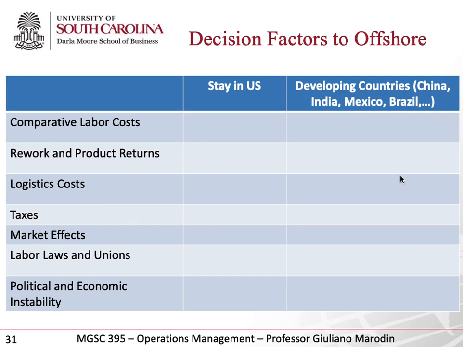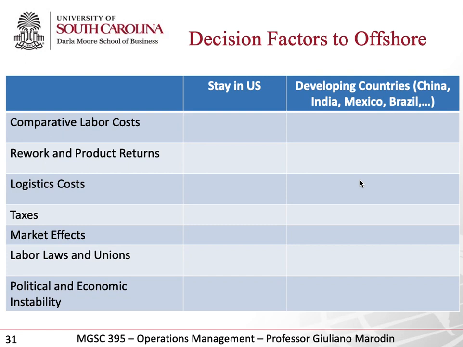If I put my manufacturing plant or buy from someone offshore, and these countries are not close to the United States, well, Mexico is, but the other ones are not, so logistics costs will be higher for the other countries. Taxes: other countries have a higher tax percentage.